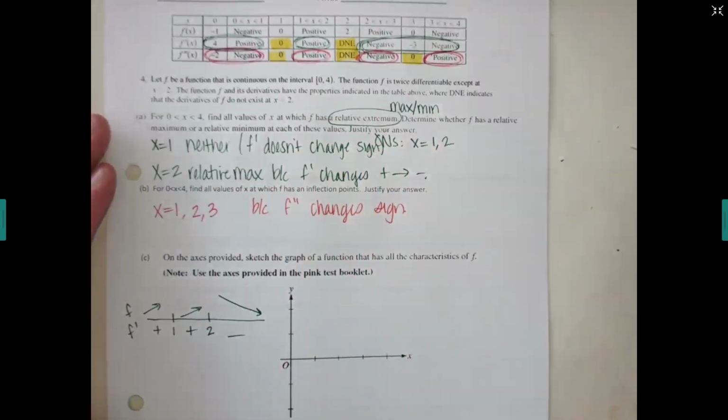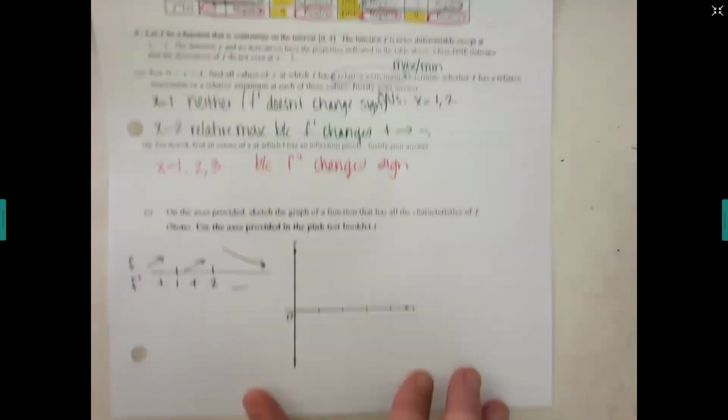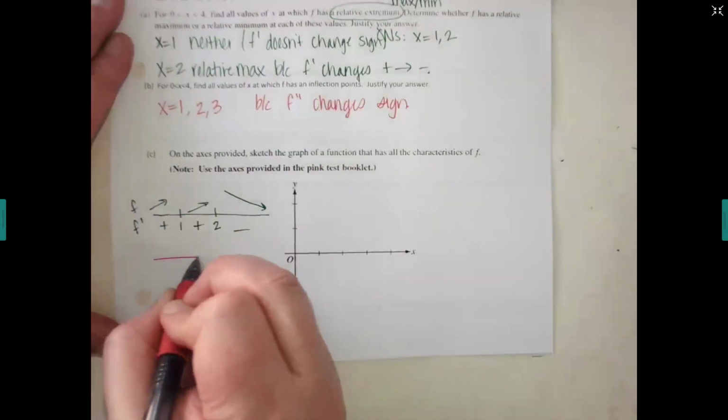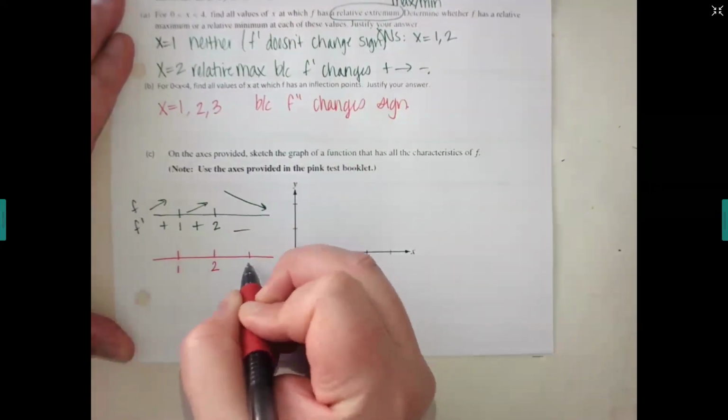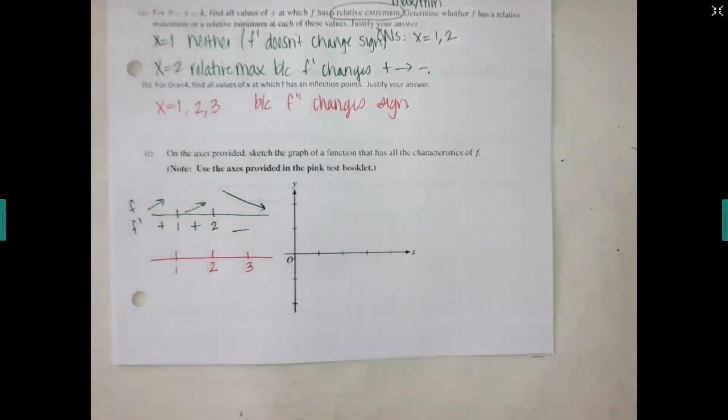All right, now we're going to turn that into a second derivative test, because if you see in part C, the third part of the question, we're going to have to draw the graph. So let's draw our number line here. Try to line up your 1 and your 2. And then we're going to have to state what the signs are on each interval. But remember, since I have a graph, I'm just kind of picking the numbers. I'm not having to plug anything in. So before 1, what was the F double prime row?